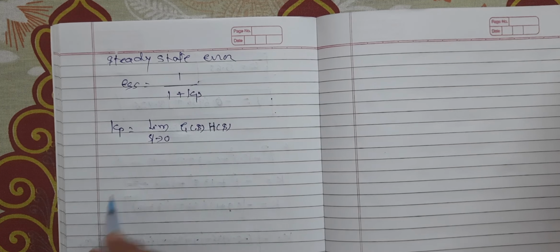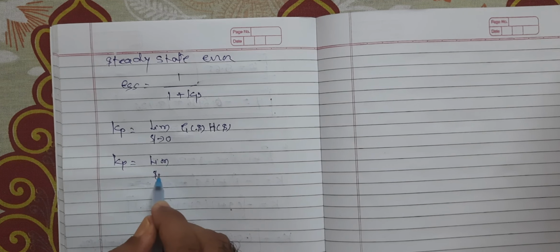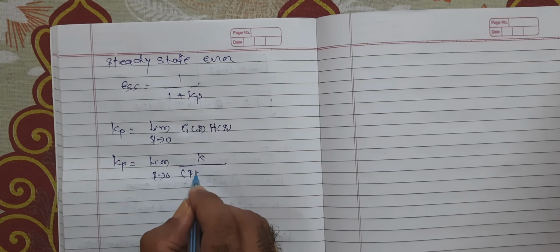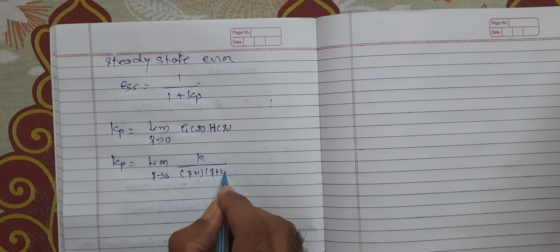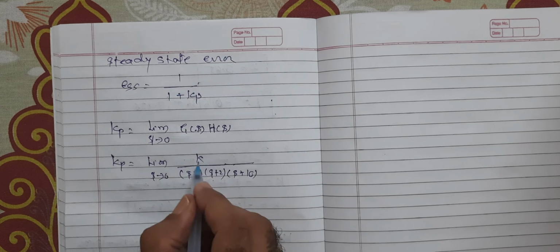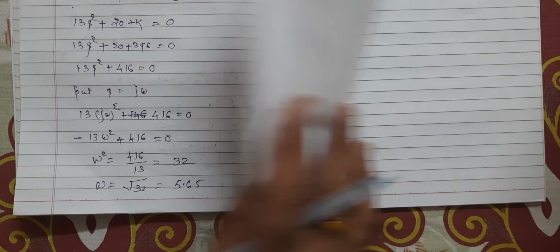Now G of s is known. Kp is equal to limit s tends to 0 of k divided by s plus 1, s plus 2 and s plus 10. The k that we have calculated is coming 164. That is for the uncompensated system.